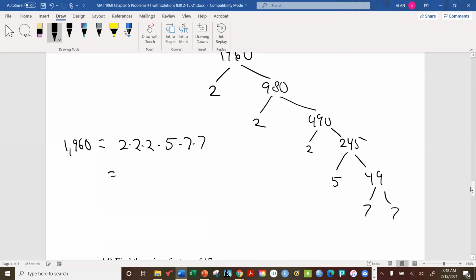Okay, and if you want to, you can write that as 2 cubed times 5 times 7 squared. All right, and if you're not sure that you've done it correctly, multiply them out. 2 times 2 times 2 times 5 times 7 times 7, it is indeed 1960. Beautiful.